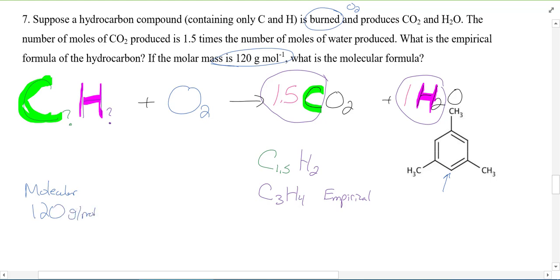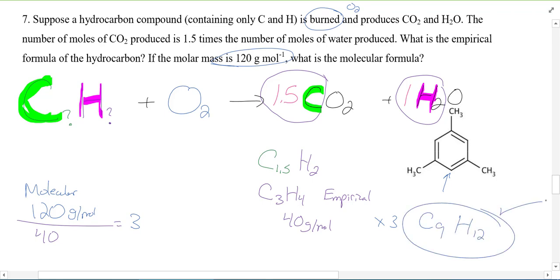The empirical: 12 times 3, which is 36, and 4, is 40 grams per mole. So 120 divided by 40 would be 3. So I need 3 empiricals. So I multiply that by 3 to get C9H12. And there's my molecular formula.